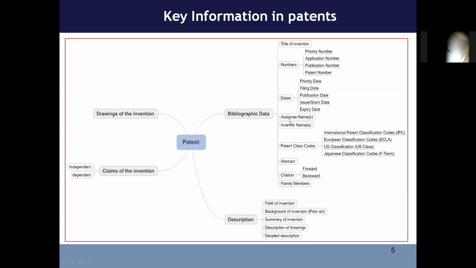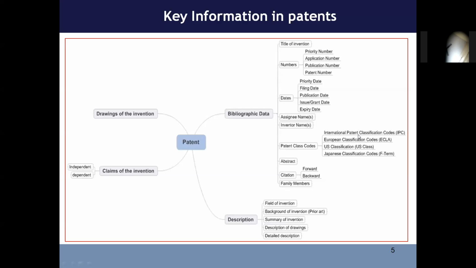And there'll be some names, the inventor names as well as assignee names. Suppose you file a patent from your college, you will be the inventor, and your college will be the assignee or the owner or the applicant. So here the applicant, assignee or owner are one and the same. You'll also find some codes called classification codes. There'll be different kinds of codes in all kinds of patent documents.